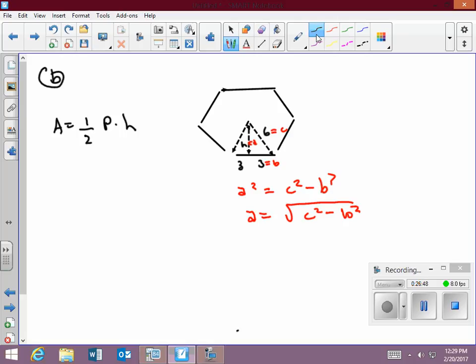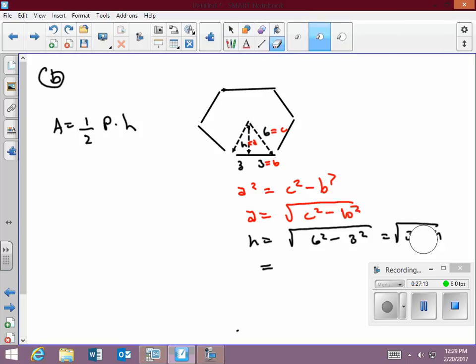So H then, and it's going to be positive, we don't want negative. C squared is 6 squared minus 3 squared. 36 minus 9, 27.